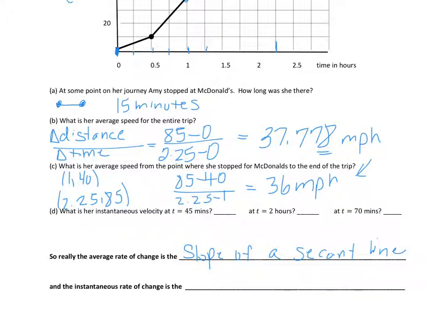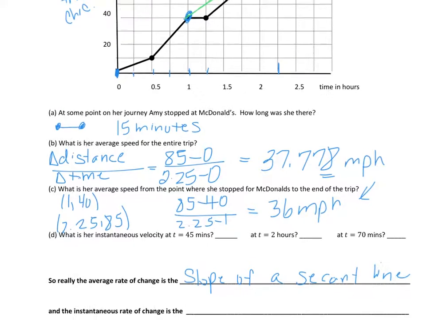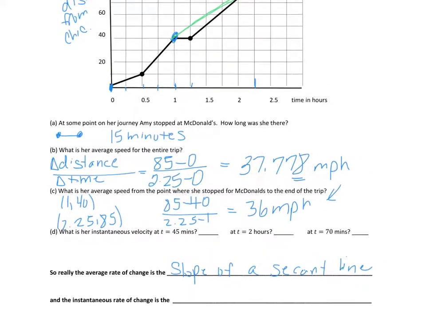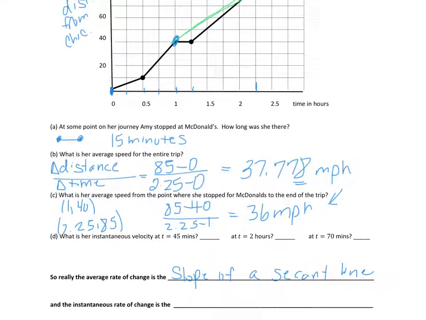Now let's compare that to what letter D is asking us. Letter D is asking us, what is our instantaneous velocity at 45 minutes? So what that's saying is at 45 minutes, which is right here, what is her instantaneous velocity?